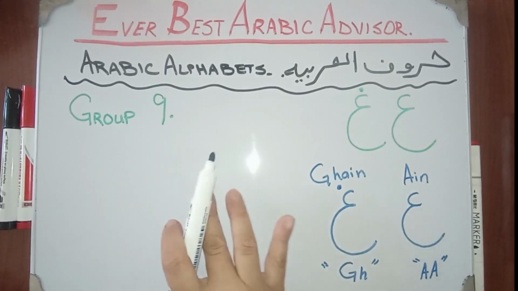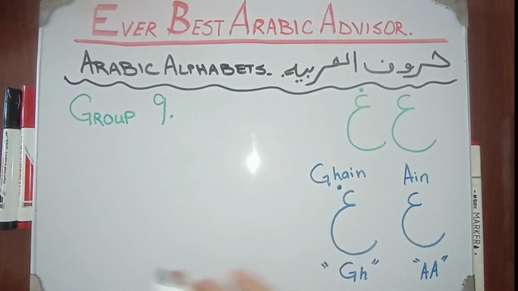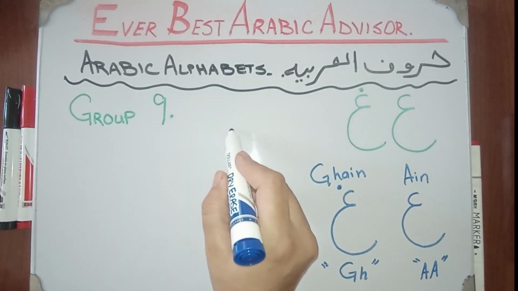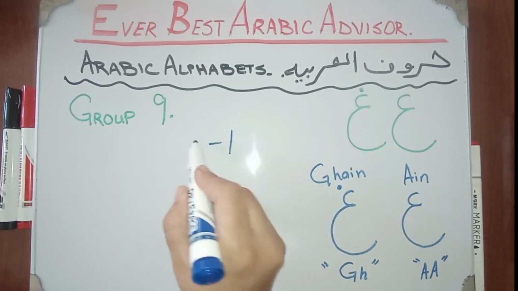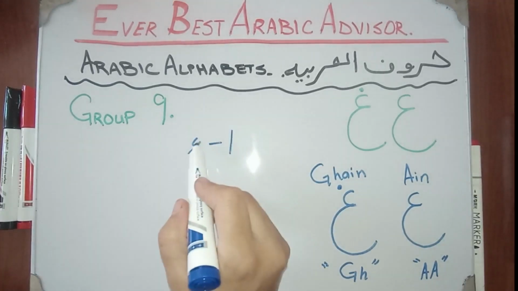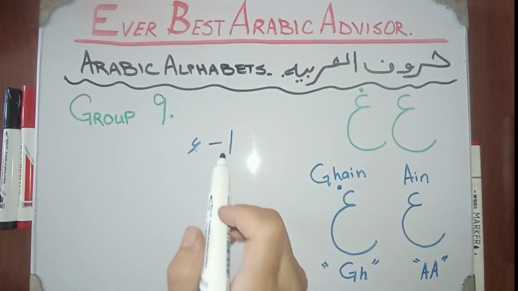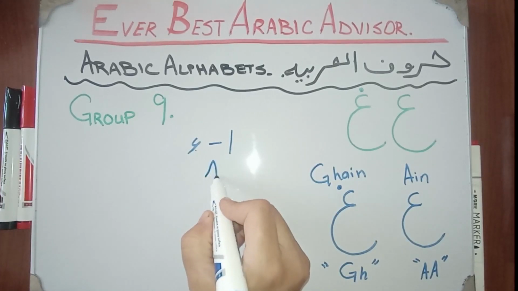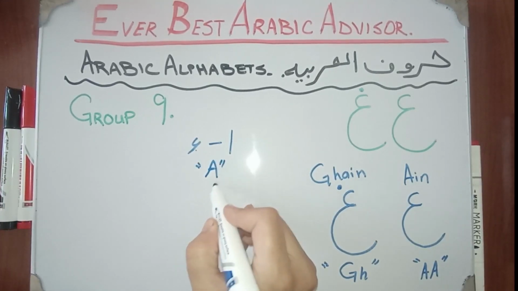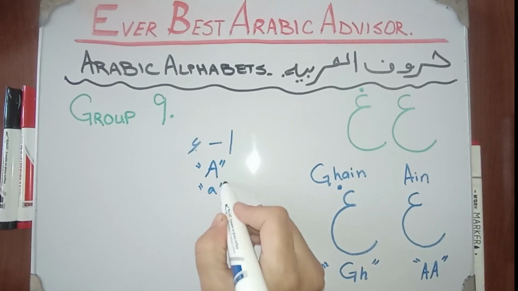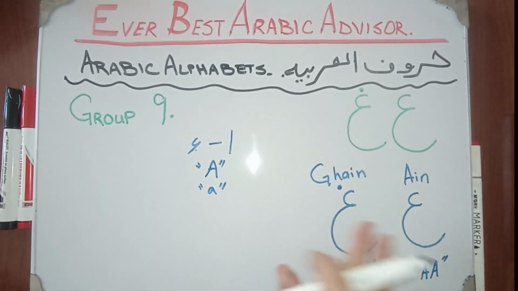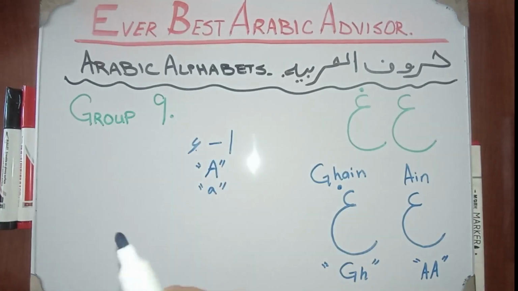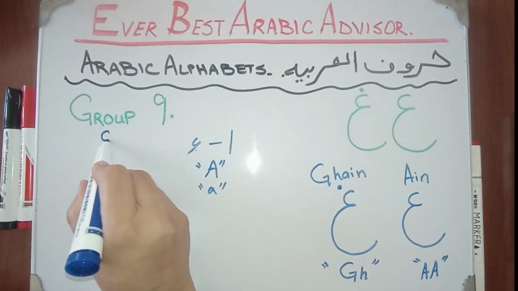But before moving toward the articulation point, let's discuss Ain. In group number 1, we learned two letters, Hamza and Alif. Both have an equivalent in English, A, and their sound is just like A. Here is a point where Ain is confused with Hamza and Alif by beginners.